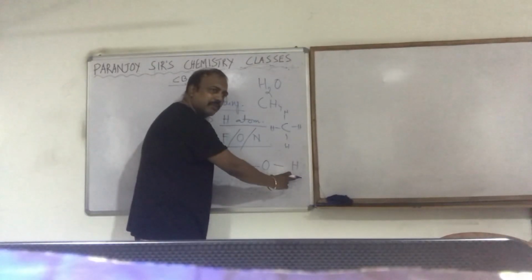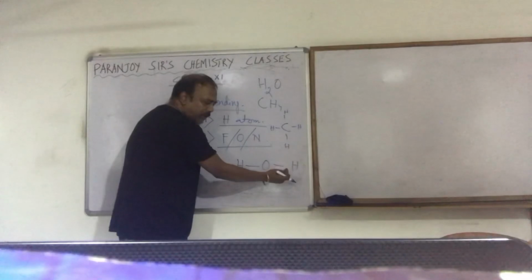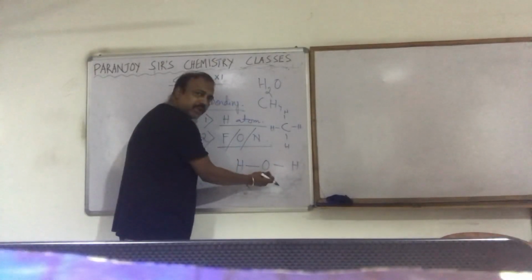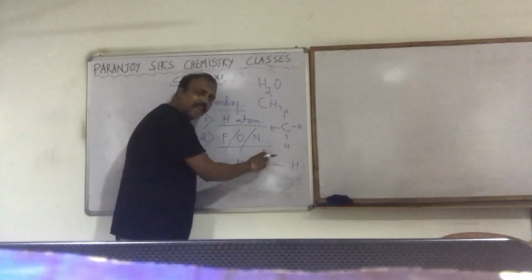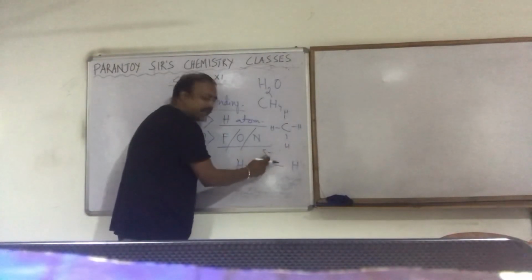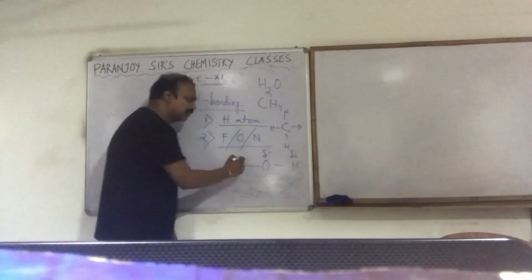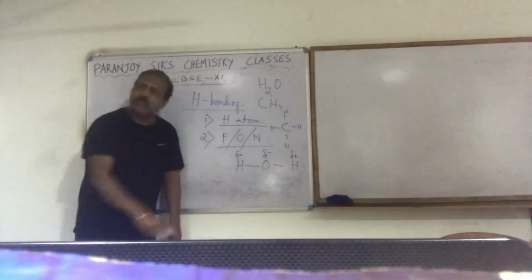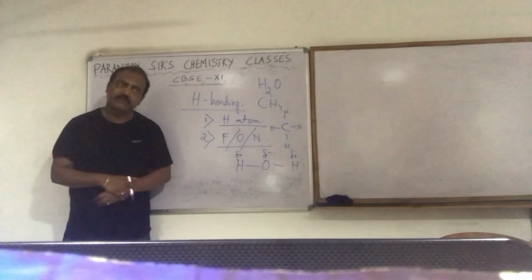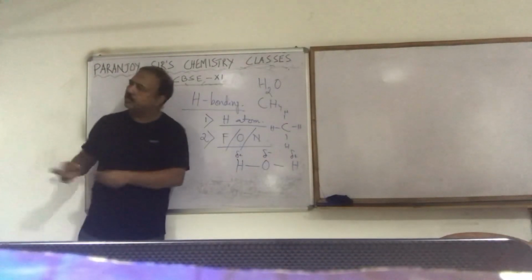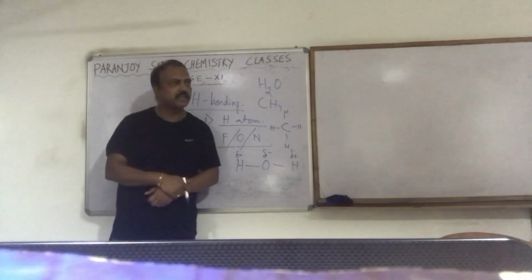Because oxygen is maximum electronegative, so it attracts the bonded pair of electrons towards it to a great extent. So the negative charge generated is very high, and the positive charge generated over here will also be very high. So the dipole moment will also be very high, because dipole moment is nothing but charge into distance.